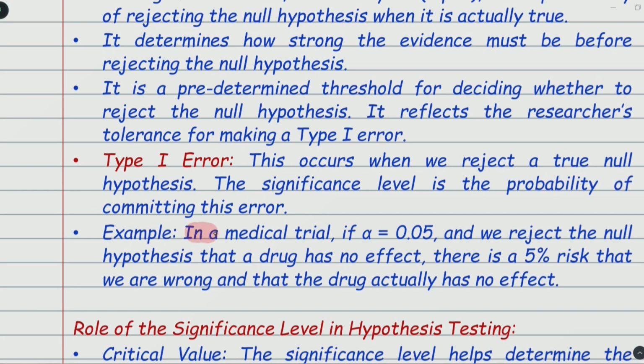Example: in a medical trial, if alpha is 0.05 and we reject the null hypothesis that the drug has no effect, there is a 5% risk that we are wrong and the drug actually has no effect. So, we are rejecting the null hypothesis in favor of the alternate hypothesis, but where actually the drug had no effect. So, our rejection of the null hypothesis went wrong.